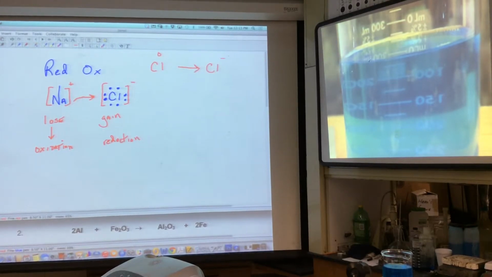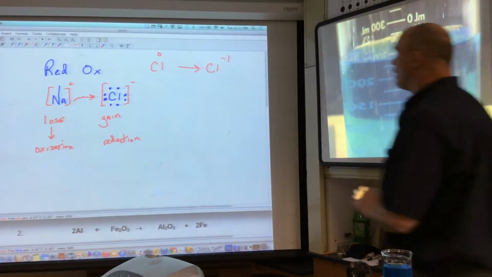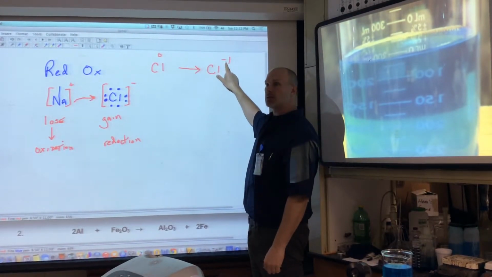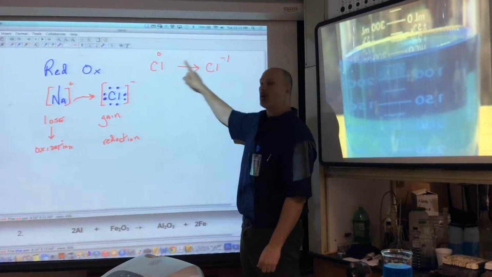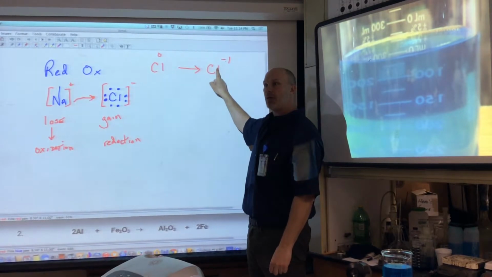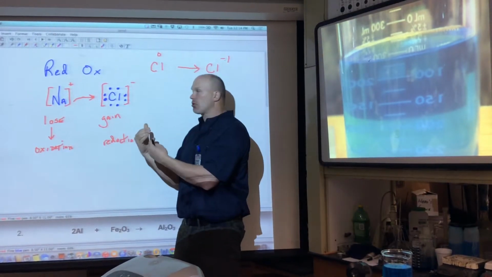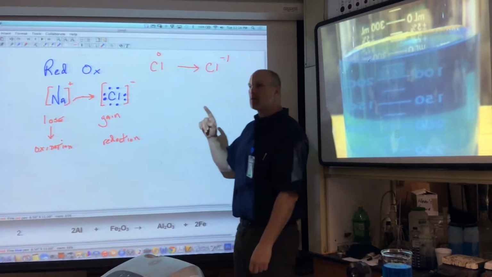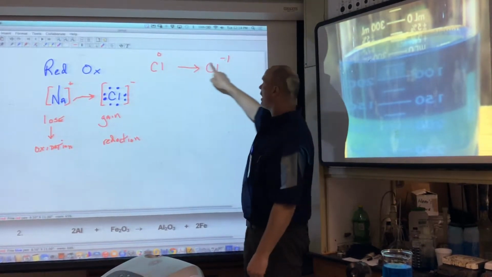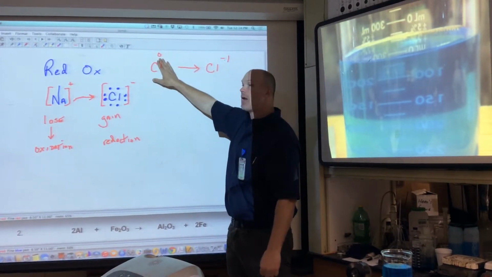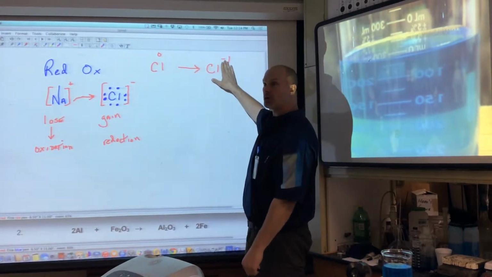And last night I called these charges that atoms become oxidation states. So chlorine went from 0 to -1. How'd that happen? It must have gained an electron. Now notice, on both sides of my reaction, I have conservation of mass, but I do not have conservation of charge.